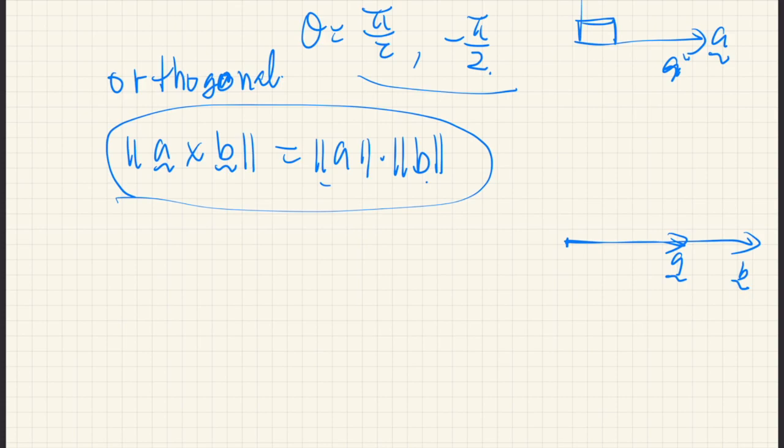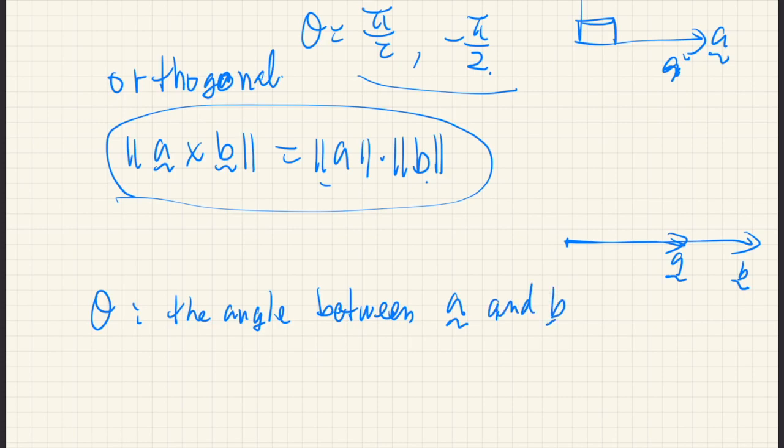So here's the theorem. So if the angle, okay, let theta be the angle between A and B, then the length or the norm of the cross product between A and B is this: A norm times B norm times the absolute value of sine theta.